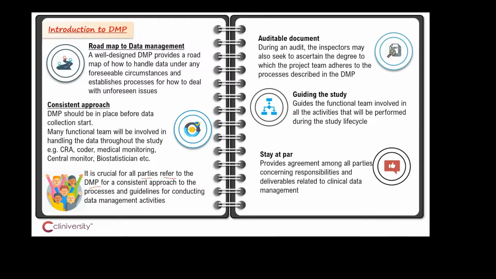So the actual steps will be checked against the DMP steps. And if there is anything that's mentioned in the DMP but is missing in the actual events, those will be reported as a finding.